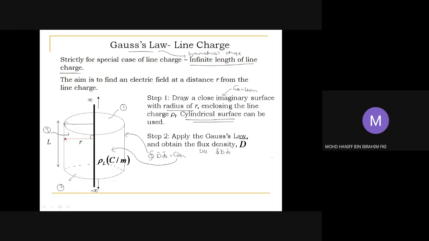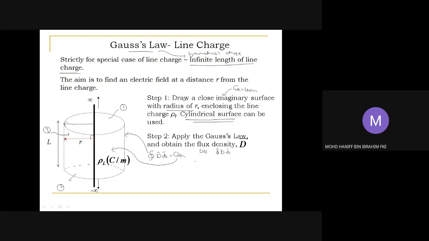So this integration shall now be divided into three different integrations: we integrate with respect to surface number 1, with respect to surface number 2, and with respect to surface number 3, because these three surfaces build up the closed surface integration.